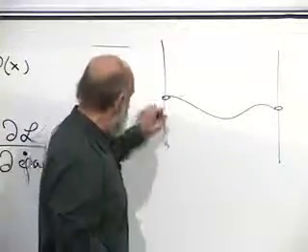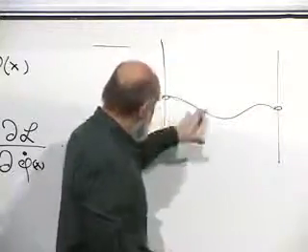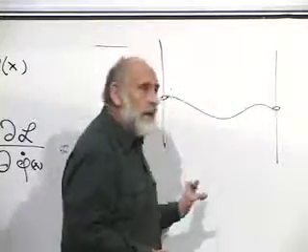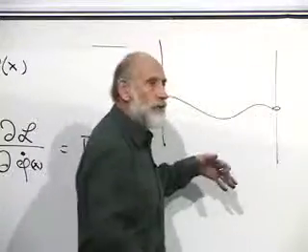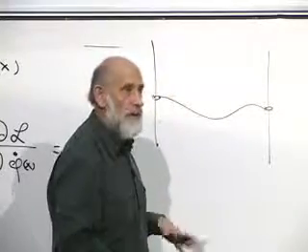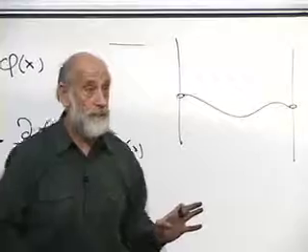You can't shift the whole string if the ends are pinned down. But if the ends are free to slide up and down, then there's a symmetry, which is the symmetry of translation of the whole string. Phi goes to phi plus a constant. In that circumstance, the integral of phi dot would be conserved.